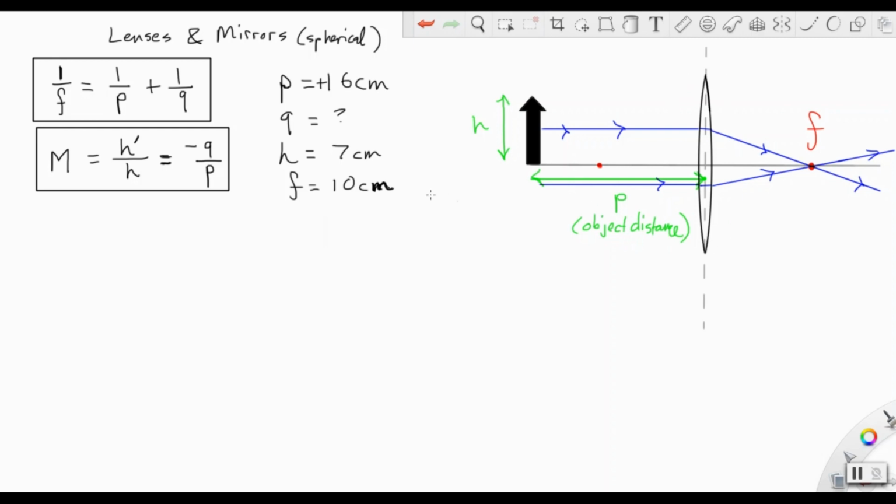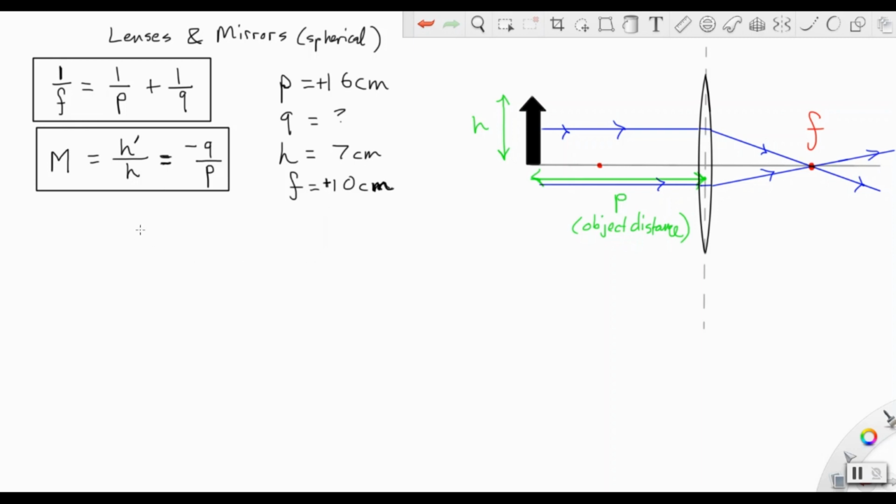Because this particular type of lens, the convex lens, is a positive lens. That means its focal length is also positive. Okay. Now, again, we'll go back over more of that later to make sure you're clear about which focal lengths are positive and which ones are negative. But right now, let's just address the equation.